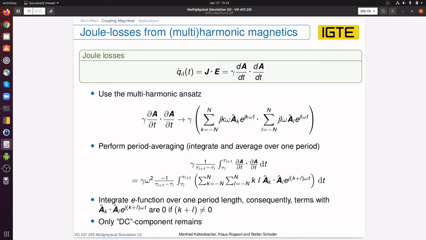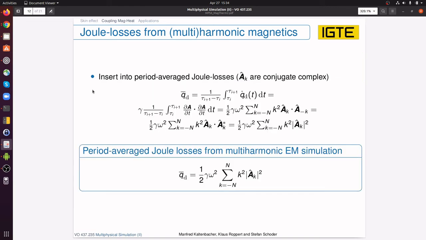So we have an exponential function with j (k plus l) omega t, and this integral is only non-zero if, integrating over one period, k plus l is 0. So the only remaining part is the DC component, the Gleichanteil in Deutsch, of the Joule losses.